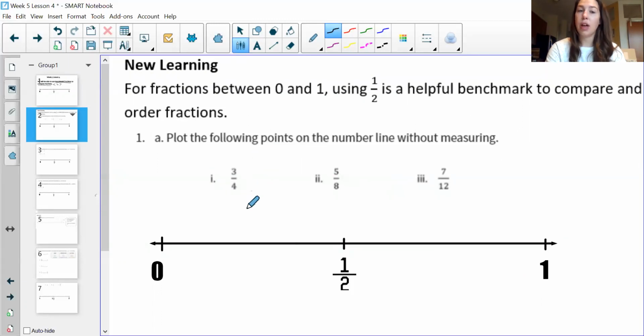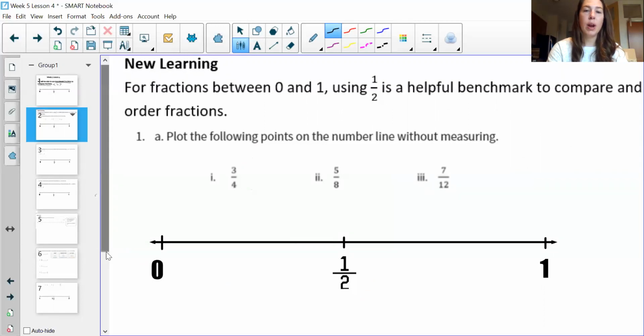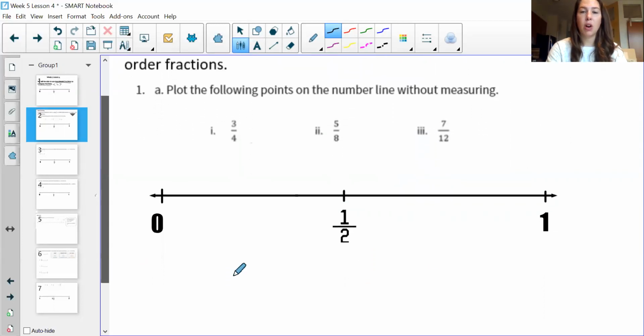Now, I know that 3/4 is greater than 1/2 because 1/2 is equivalent to 2/4. And 1 whole is equivalent to 4/4. So I know that 3/4 is going to go exactly in between 2/4 and 4/4.